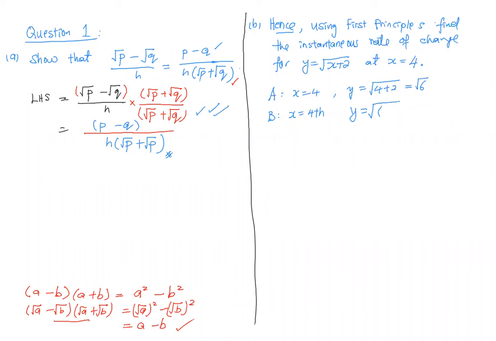Because your x is 4 plus h, I put 4 plus h, then plus 2. So this will be square root of, every time whatever inside the square root, after I simplify, I still write in the bracket, to prevent any error. So now you find the slope of the chord, then you continue.